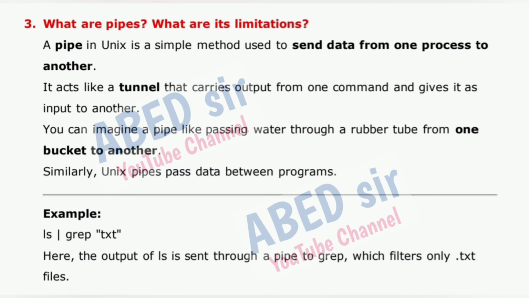You can imagine a pipe like passing water through a rubber tube from one bucket to another. Similarly, Unix pipes pass data between programs. Example: ls | grep txt. Here, the output of ls is sent through a pipe to grep, which filters only .txt files.